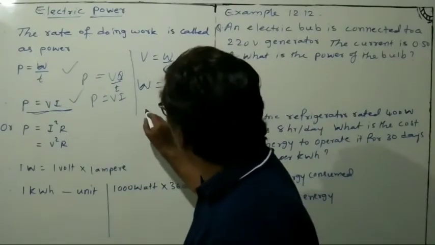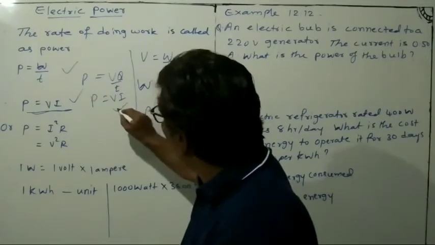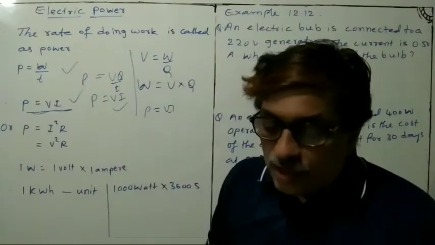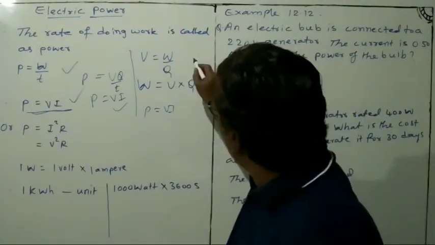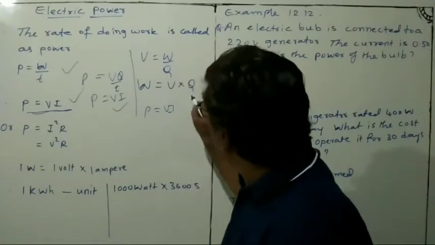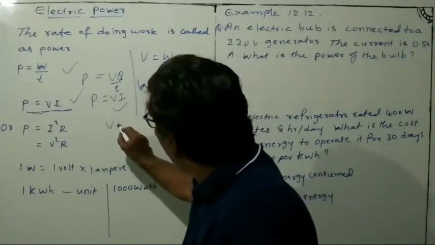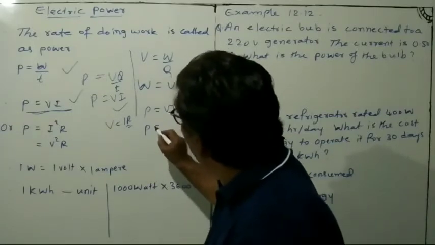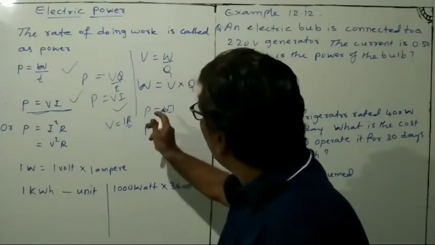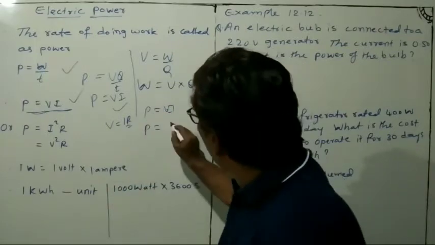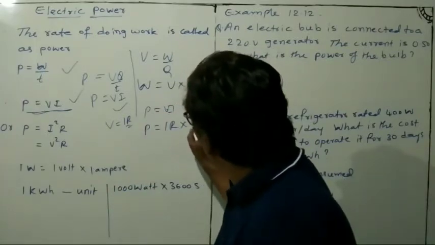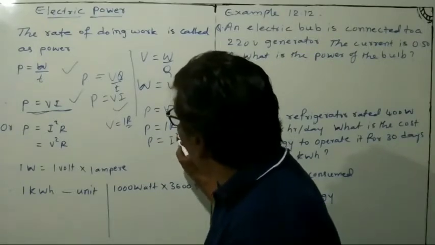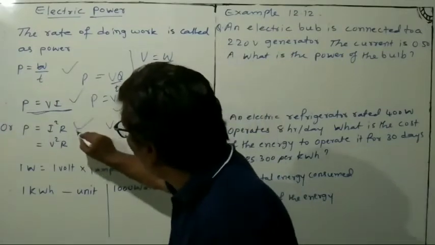And you know that V is equal to IR. So we can write IR into I. That's why P is equal to I square R. In this way you got the formula.